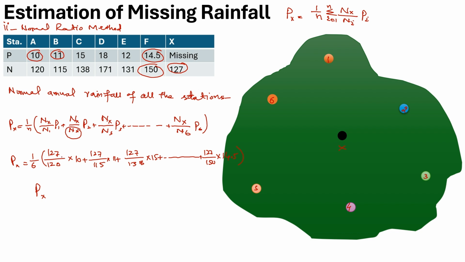So when we divide 127 by 120 and multiply by 10, and similarly for the other parts, we will have six parts. We sum up these six parts and divide by 6, and it gives an answer of, say, 12.5 millimeters. These precipitations are given in millimeters, and normal precipitation is also given in millimeters. So the unknown precipitation for station X is 12.5 millimeters by the normal ratio method.